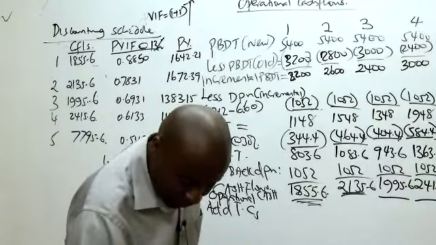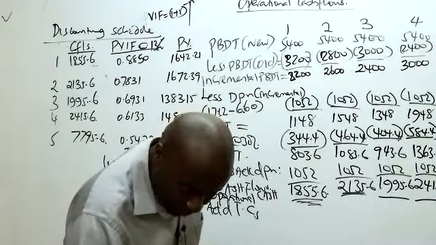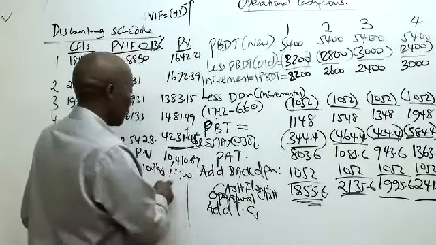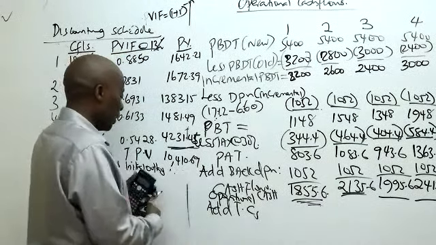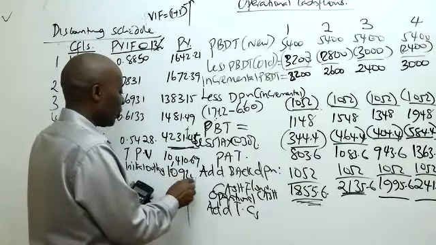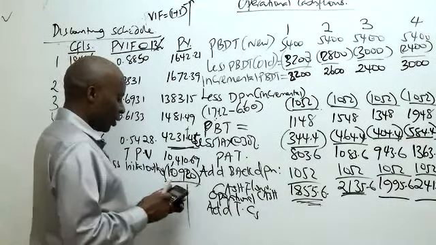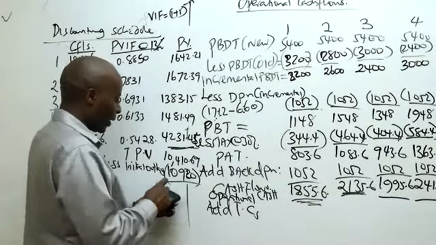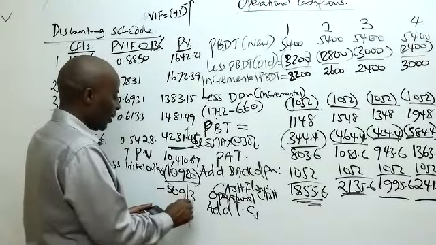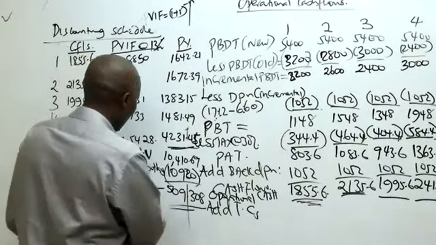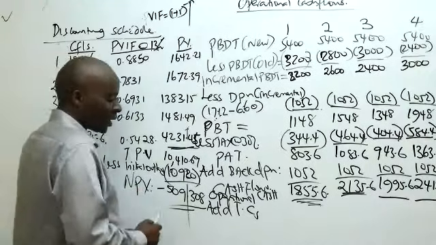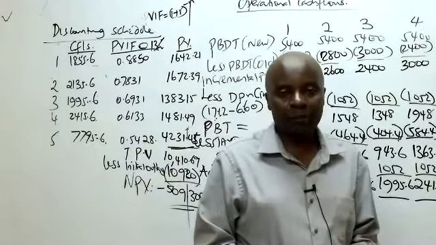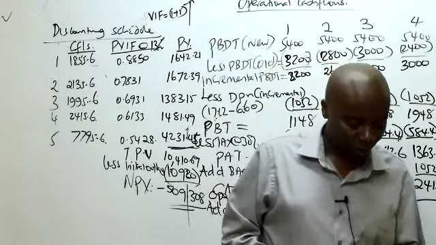The initial outlay was quite a huge figure. It was 10,920. We subtract it, so we have minus 10,920, which gives us minus 509.308 net present value. Meaning that this project is not viable. Don't replace. Do not replace.